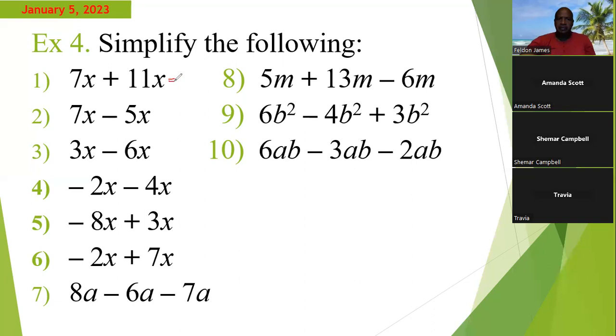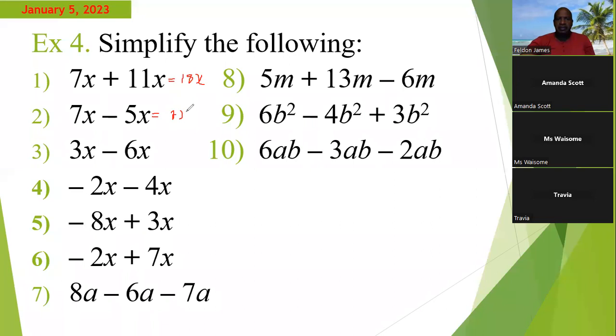All right, so this will be 18x. I'm going to try and give each person a chance to answer one of these. So anybody else apart from Miss Scott want to give me the answer to the next one? Yes, sir. 2x. All right, so that's 2x.